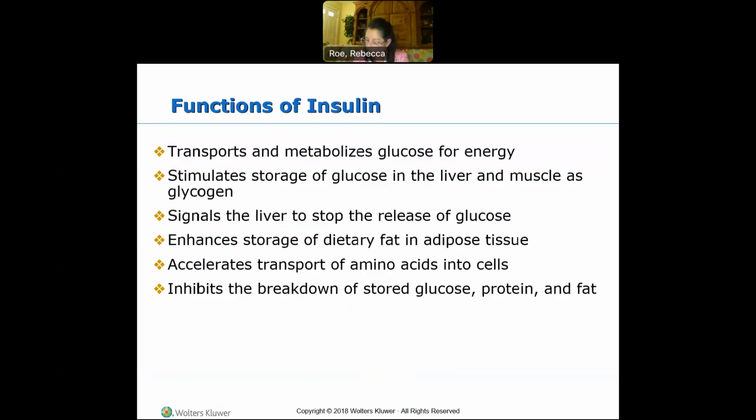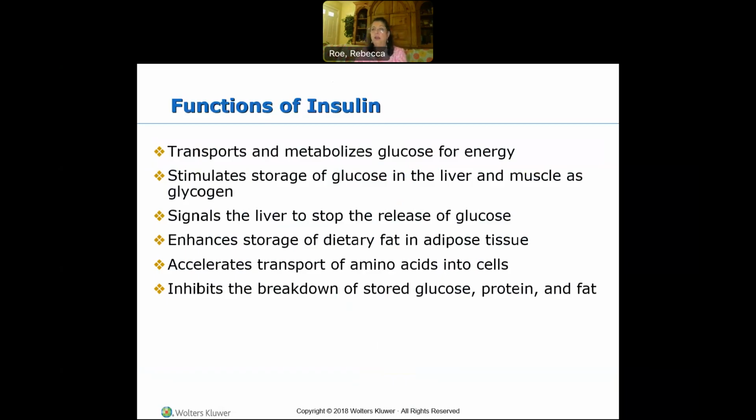The normal actions of insulin are to transport and metabolize glucose for energy, and to stimulate storage in the liver and muscles as glycogen, and to signal the liver to stop the release of glucose, and enhance the storage of dietary fat in the adipose tissue, and to accelerate the transport of amino acids into the cells, which, as you know, amino acids are the building blocks of life. Insulin also inhibits the breakdown of stored glucose and protein and fat.